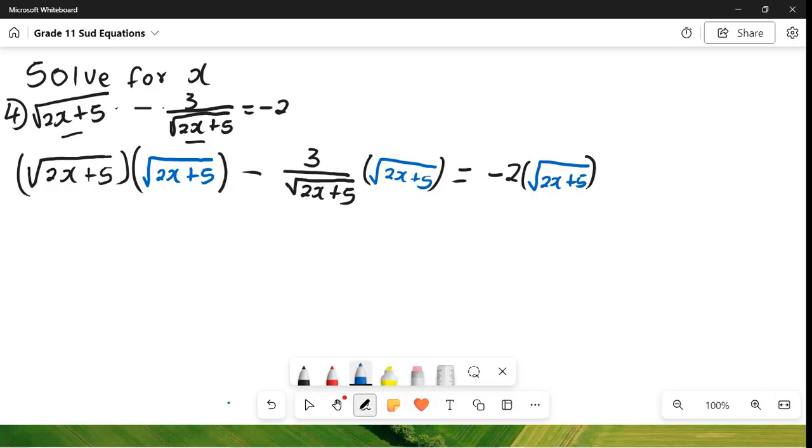So on the first term, I've shown you from the very first example that when you multiply the square root by the square root of the same, the answer is equal to whatever is under the very same square root. So in this case, we are going to have our answer as 2x plus 5.